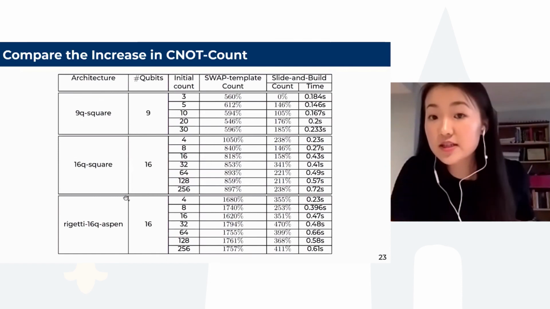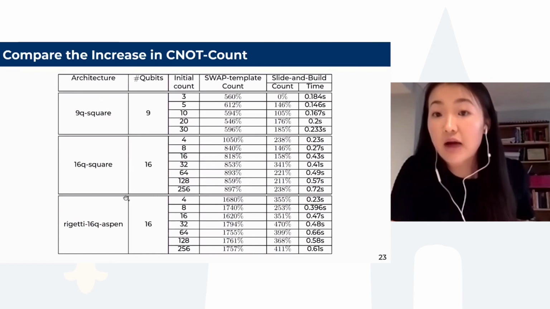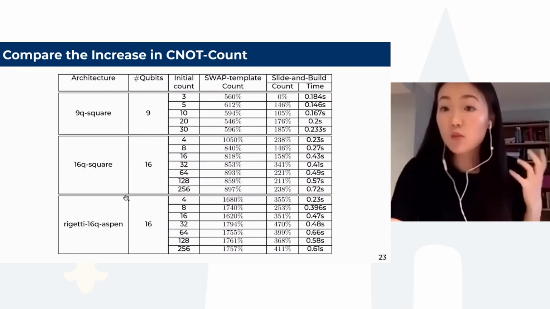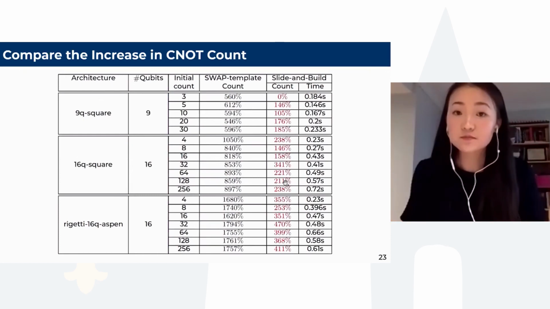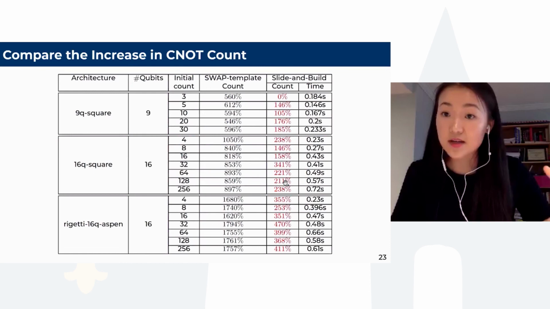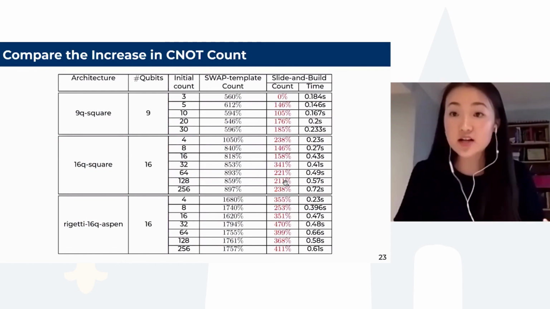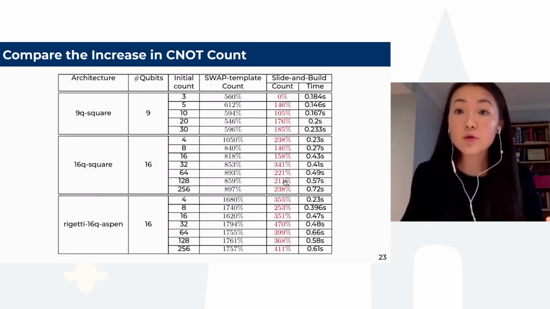Now, if we're doing the swap template, you will see the significant explosion of CNOT count. However, if you're using the slice and build technique, you could see that the improvement of the CNOT count is actually quite obvious. Moreover, as the circuit size becomes larger, the CNOT count becomes more, and the architecture becomes more complicated, our algorithm also scales very well.